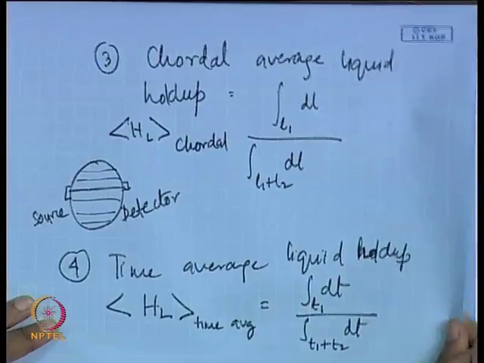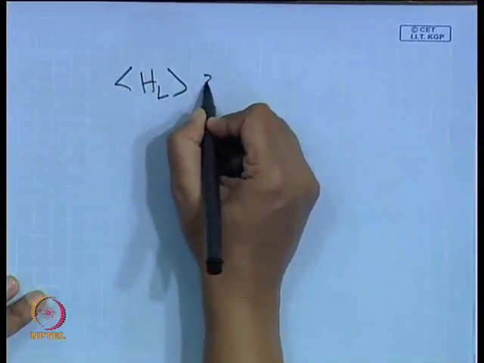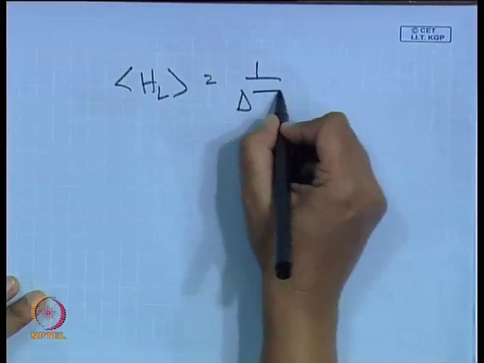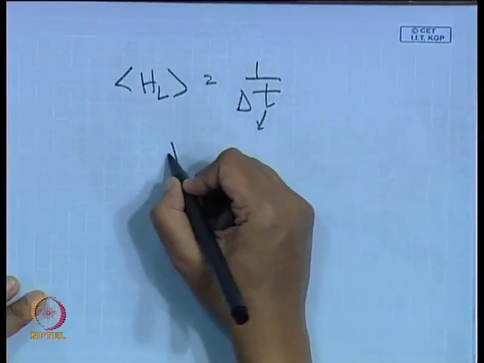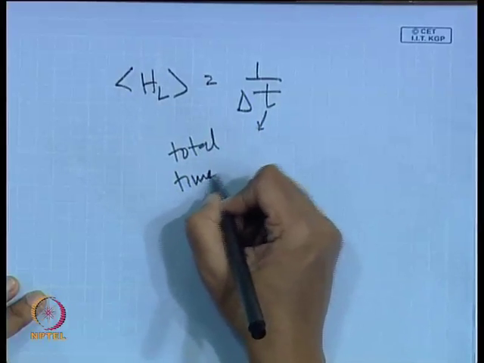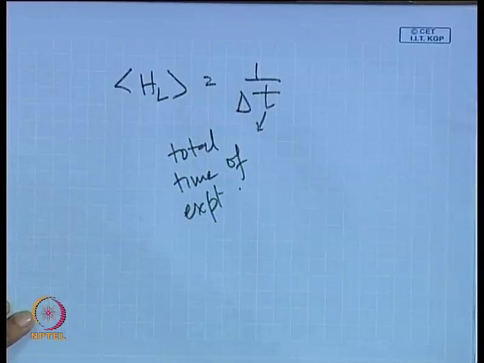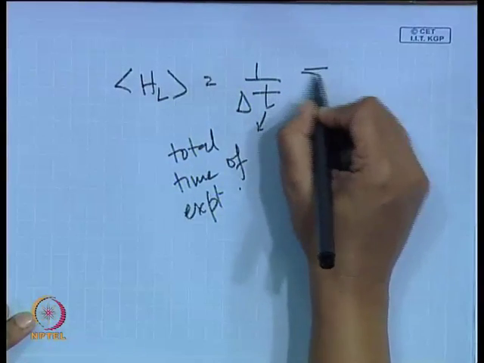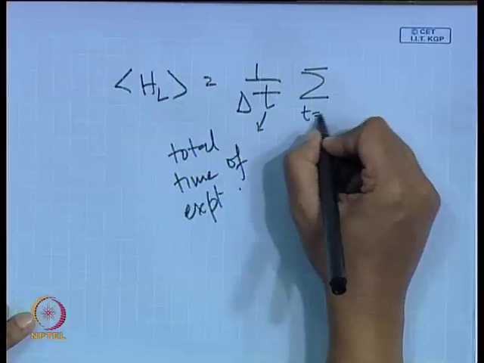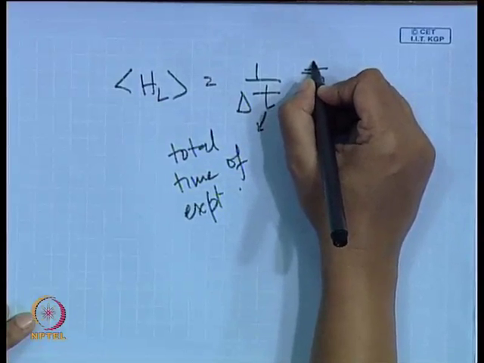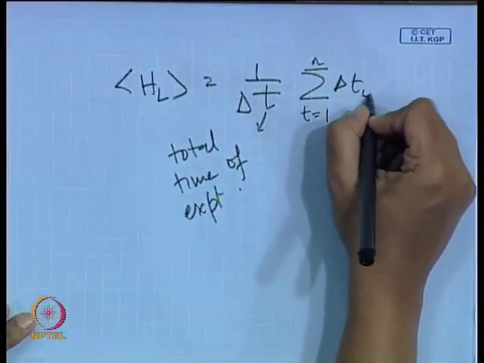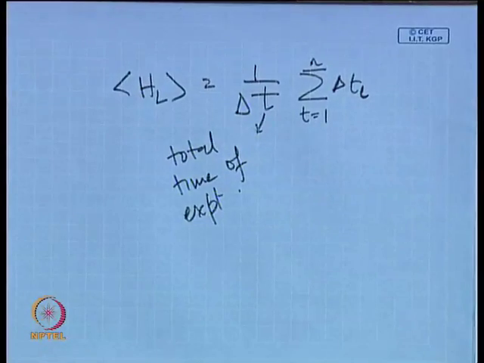Or in other words, it is better defined as, because we cannot measure infinitesimal quantities of time, 1 by T, where T is the total time of experiments, sigma i equals 1 to n delta t L.